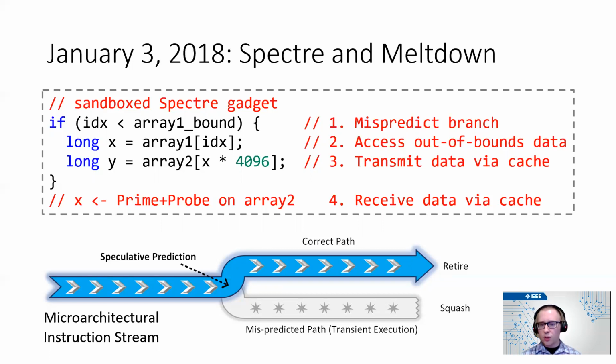There are 4 steps in the proof of concept. First, the adversary will train a microarchitectural branch predictor to anticipate an in-bounds array index. And then the adversary will provide an out-of-bounds index, thus triggering a speculative misprediction.